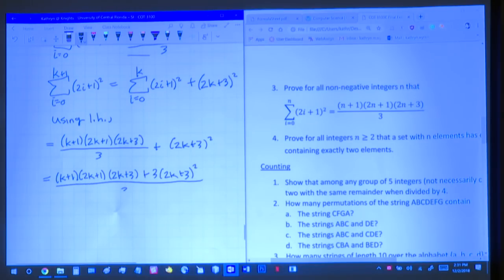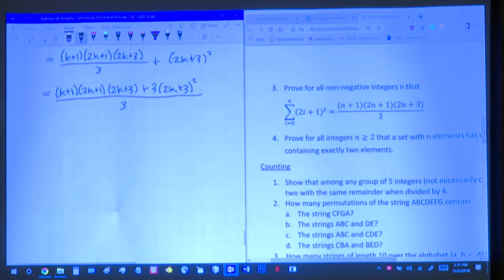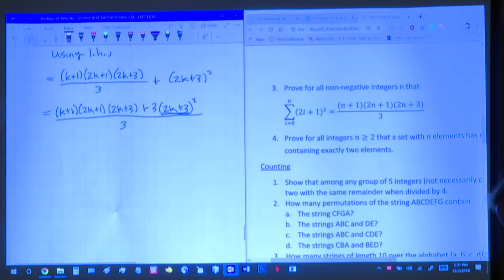That all over 3. So I'm going to factor out a 2k plus 3 because we have it in both sides. And I'm going to factor out this 1/3 so I don't have to keep drawing this huge line. So (2k plus 3) over 3 times ((k plus 1)(2k plus 1) plus 3 times (2k plus 3)).